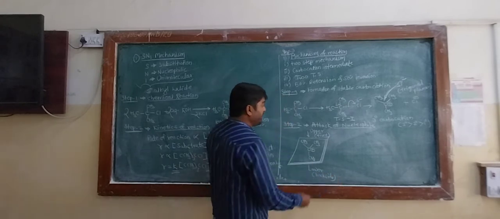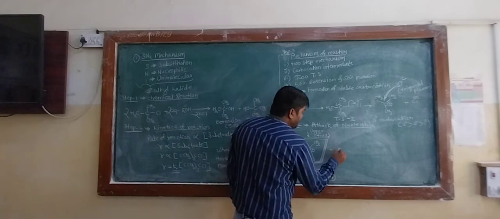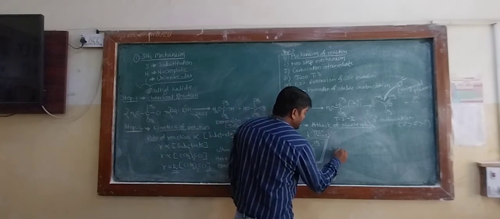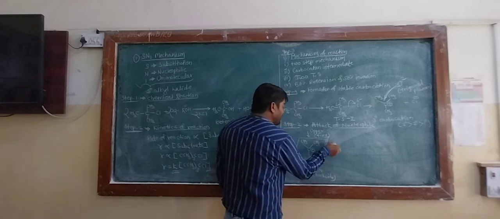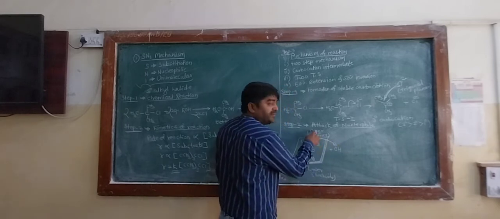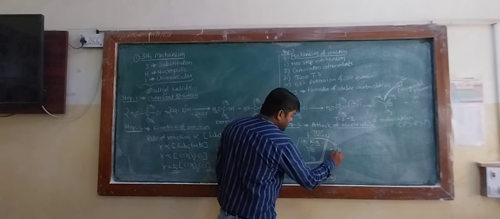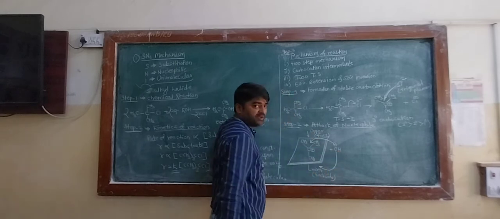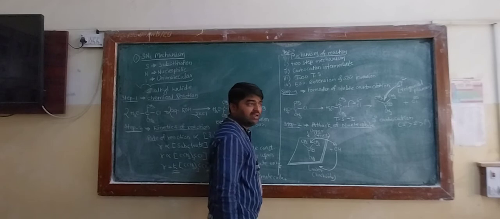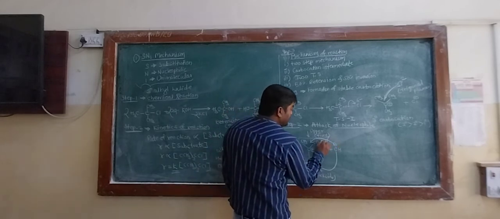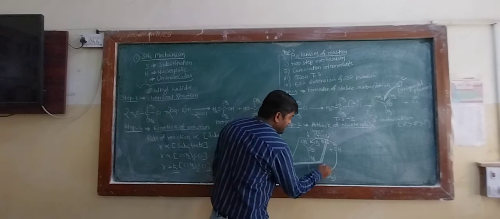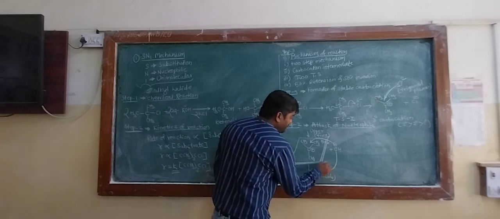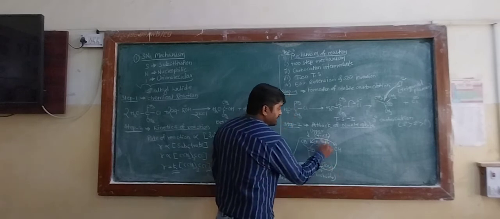We have a nucleophile. Which nucleophile? It is the OH minus nucleophile. So OH minus can attack from the upper face or the lower face. Both faces are symmetrical, so there is a possibility of 50% attack from the upper face and 50% attack from the lower face.